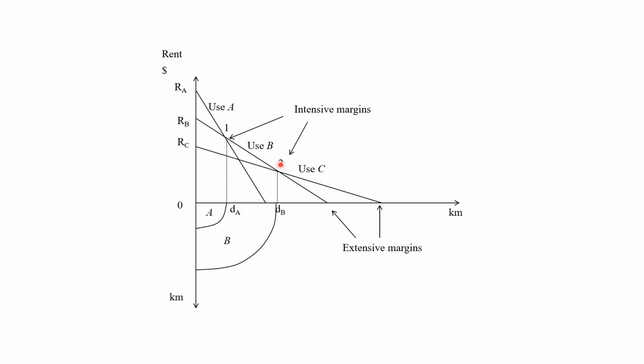Points 1 and 2 refer to the intensive margins, and these points here refer to the extensive margin. Now notice that if we plot kilometers in this direction and kilometers in this direction, we end up getting these circular kind of patterns around where the city is located here at the origin point 0.